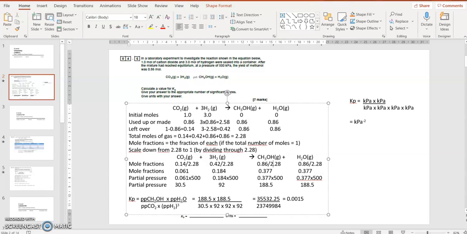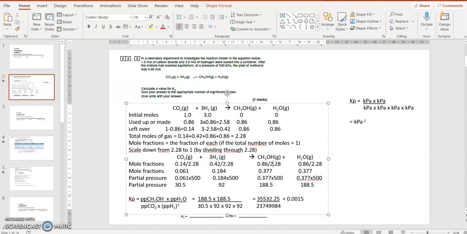So say, for example, if the total pressure was 500 kilopascal, as it says in the question, if half of the gas were carbon dioxide, half times 500 would be 250 kilopascal, except I've not got half of the gas as carbon dioxide. 0.061 out of the 1 mole in total is carbon dioxide, so I multiply 0.061 times 500 and I work out the partial pressure that's come from carbon dioxide is 30.5 kilopascal.